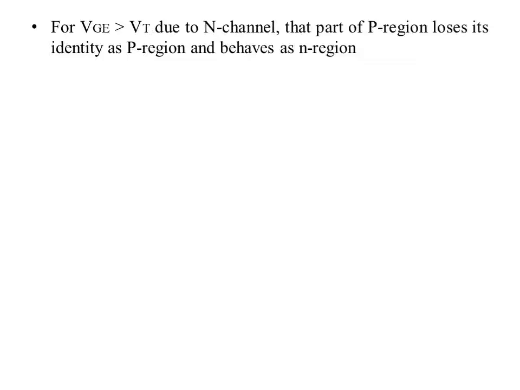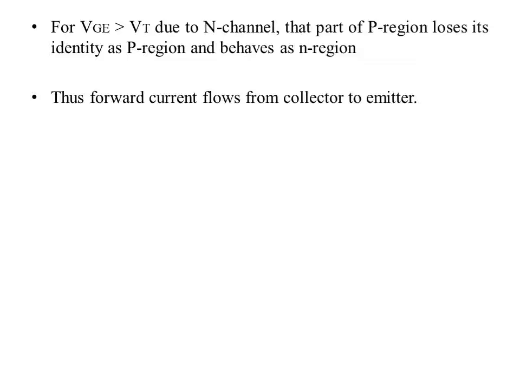For VGE greater than threshold voltage VT, due to the n channel, the part of the p region loses its identity as the p region behaves as n region. Thus, the current flows from collector to emitter, and that current is called the forward current.